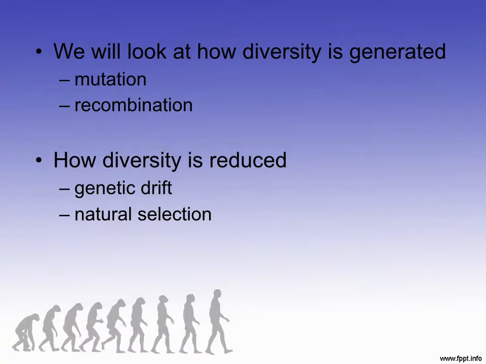They eliminate or remove diversity from the gene pool. And by gene pool, what do I mean? Well, the gene pool is that collection of alleles or that collection of variants or traits within a discrete population.